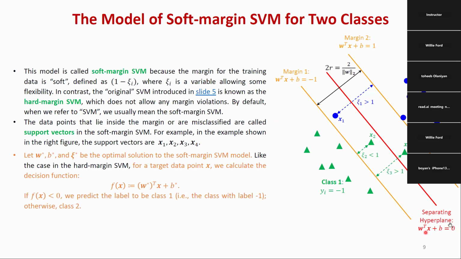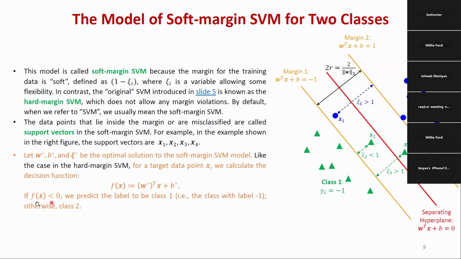So for example, in this example, x1, 2, 3, 4 are the support vectors. Okay, and similar things. How can we make a decision? Let W star, B star, and C star be the optimal solution to the soft margin SVM model.